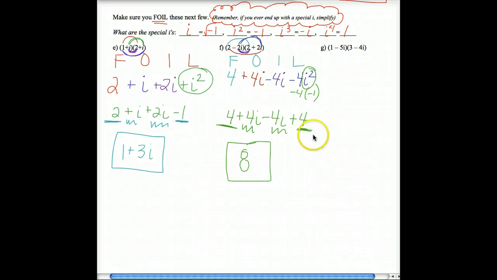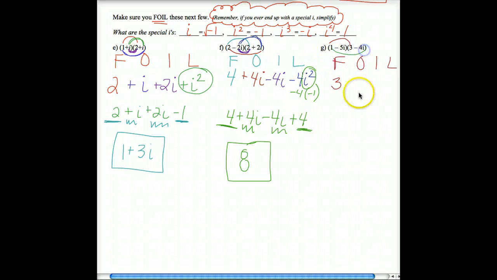All right, very last one. I'd like for you to pause it, try it yourself, see if you can FOIL that out and simplify it correctly, then unpause to check. All right, so again, it's a binomial times a binomial, so I'm FOILing. 1 times 3 is 3 for my firsts.